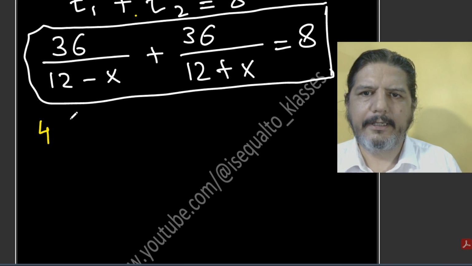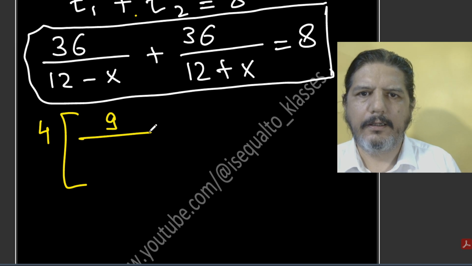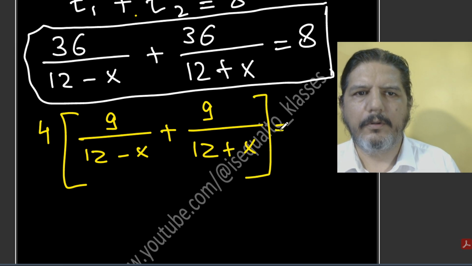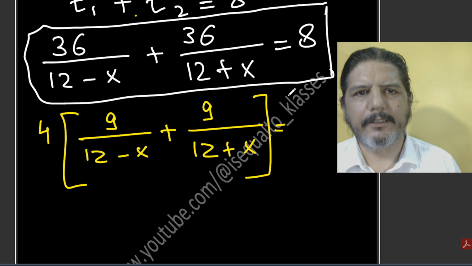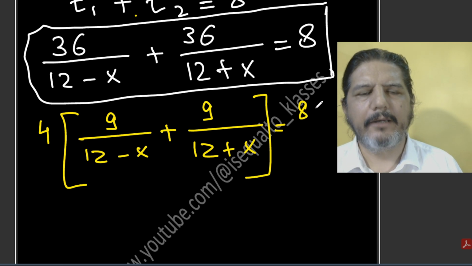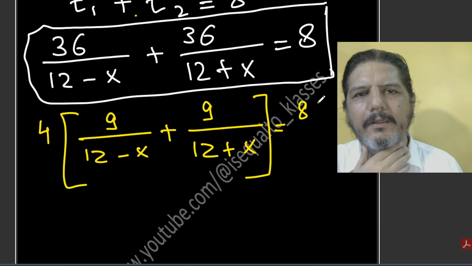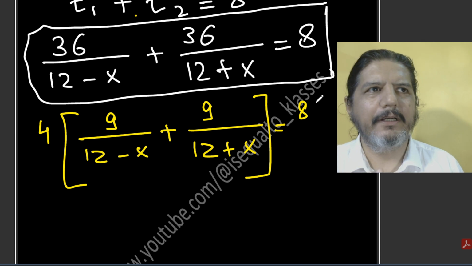So I can take 4. See, this algebra that I am doing is a bit difficult algebra. So many of the students face difficulty. But I will try to make it easy, but it can't be made easier beyond a point.